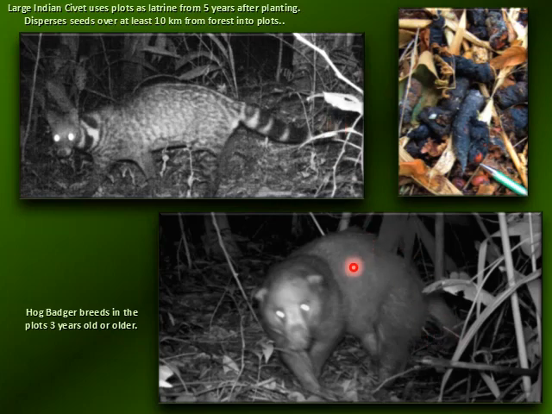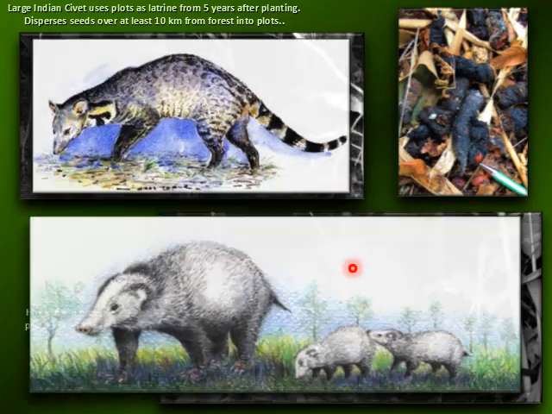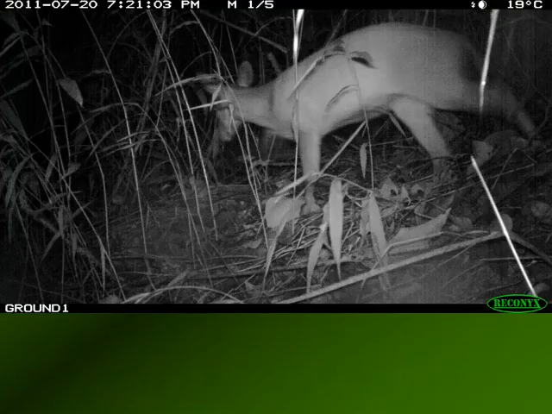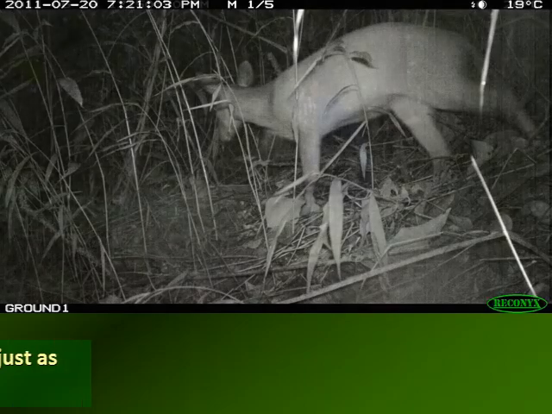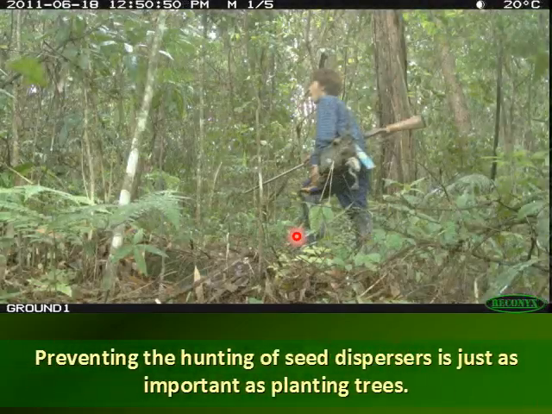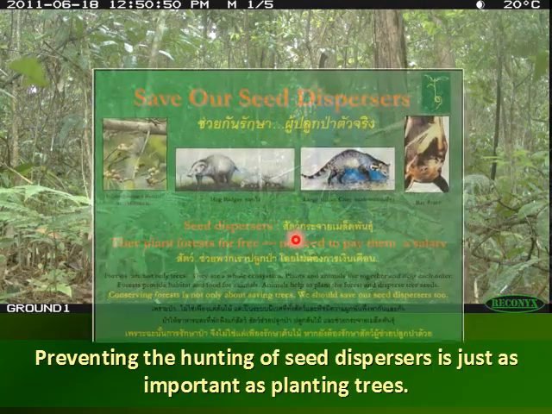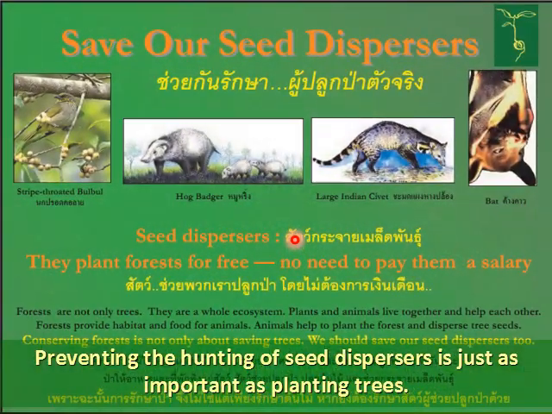And this is the hog badger. The hog badger actually breeds in the plots. We found a mother with 2 cubs in a plot that was just 3 years old. Barking deer also come back in, but like I just said, where there's wildlife, there's hunting. So it's just as important to try to control the hunting or prevent the hunting as it is to plant the trees.